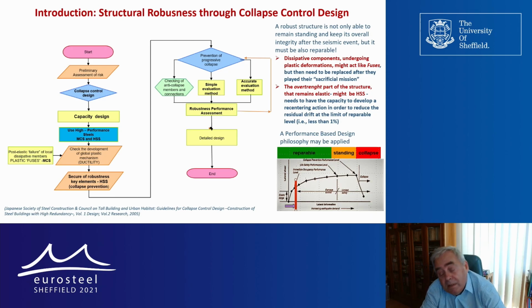Dissipative structures means we will have in the structure configuration ductile members which are able to develop plastic deformation, and through this plastic deformation to dissipate the kinematic energy induced by the earthquake.